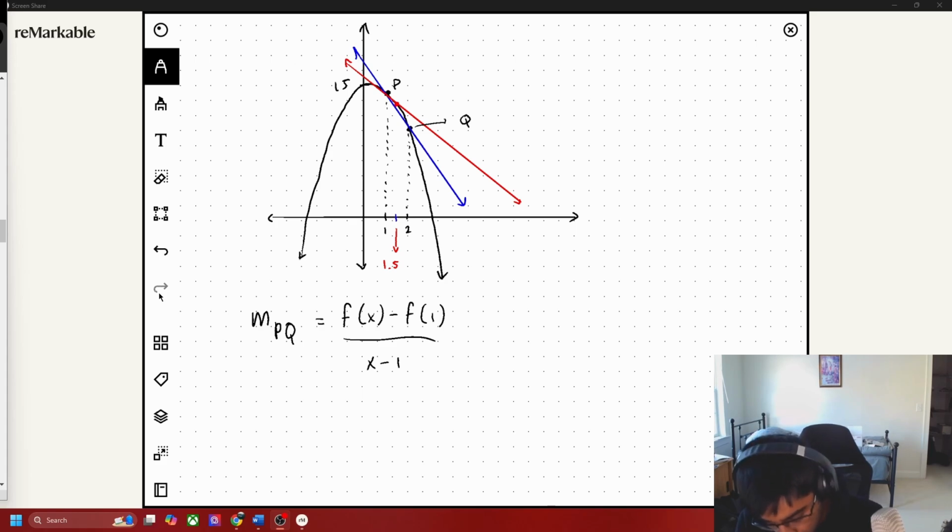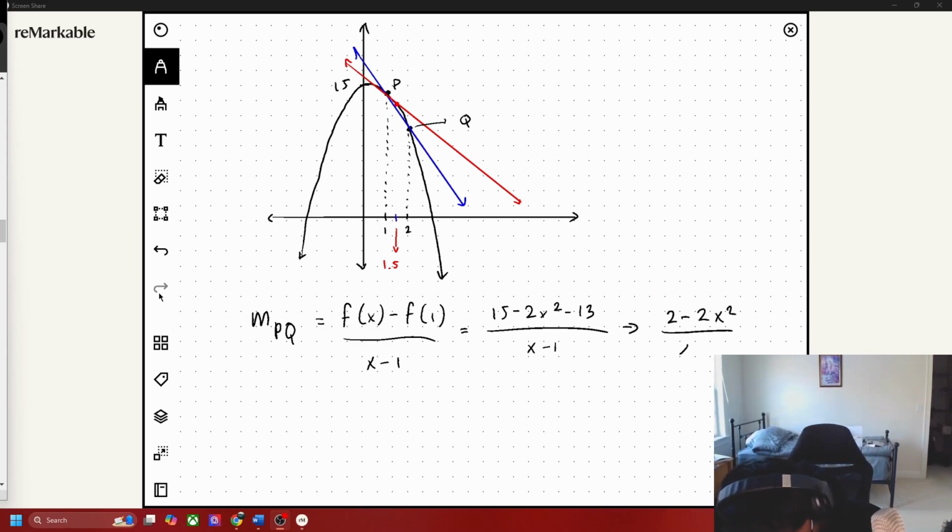So now what you can do is just plug in your numbers, which is pretty straightforward. So 15 minus 2x squared minus 13 over x minus 1. And when you simplify all of that, you get 2 minus 2x squared over x minus 1.